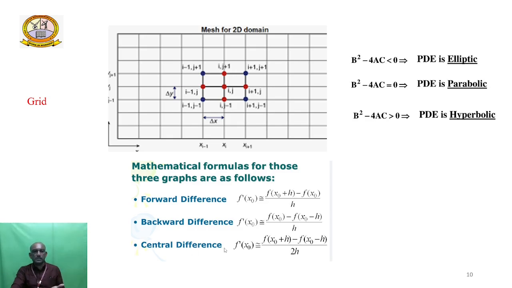If you approach the central difference, you take the node as the center. What is the central difference? You consider the positive direction as well as the negative direction. The positive direction is i plus 1, j, and the negative direction is i minus 1, j. You subtract i minus 1, j from i plus 1, j, and divide by 2h.